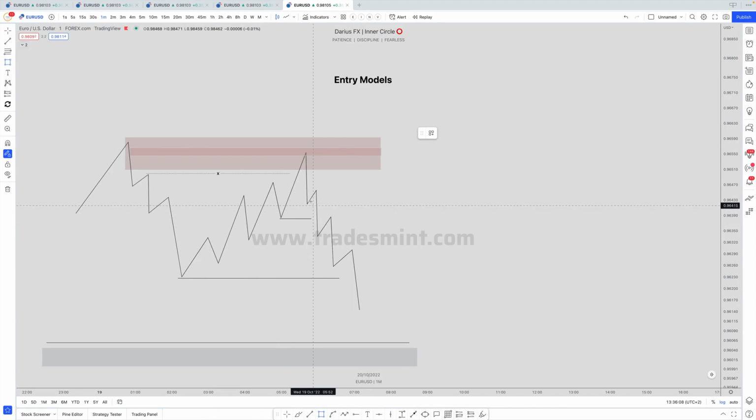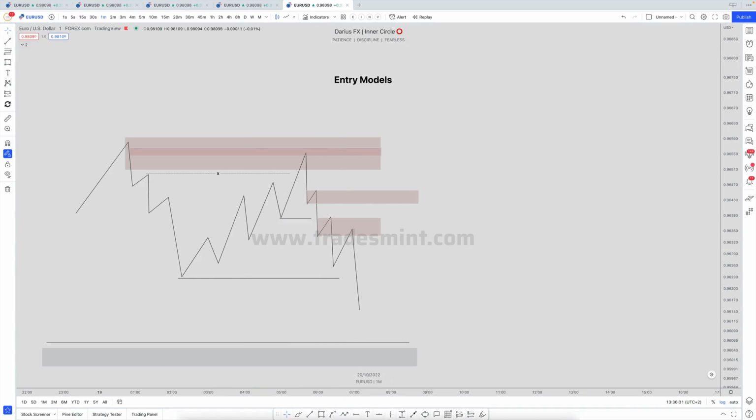And then they try to get involved somewhere here in one of the latest created supply zones. Now let's say this one will tag you in. It will tag you in, you're happy, you're making profits right now. The problem is that this one isn't mitigated yet and price could just easily come to it.